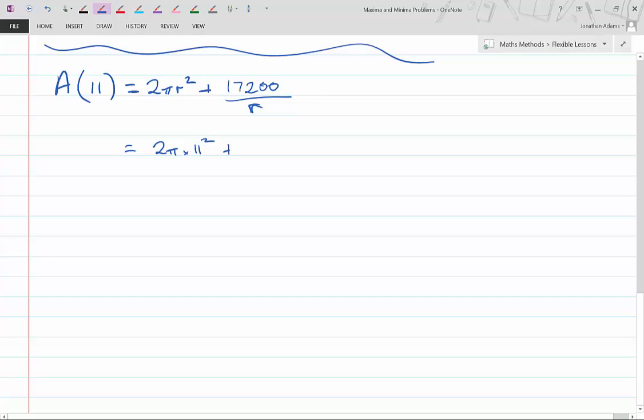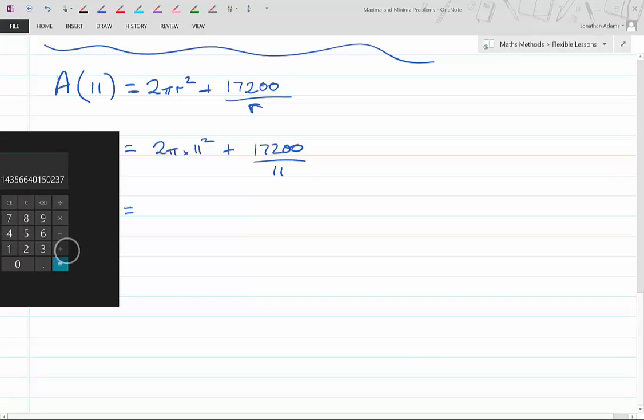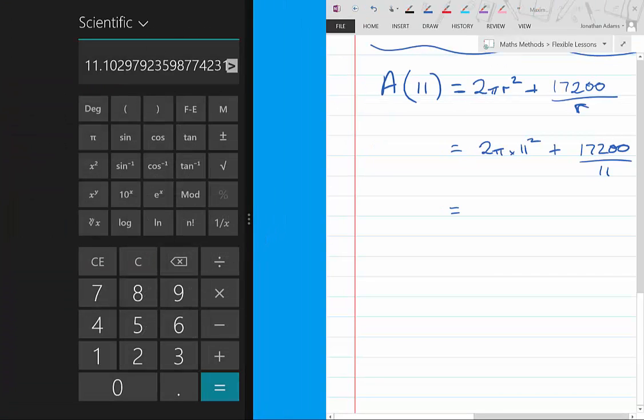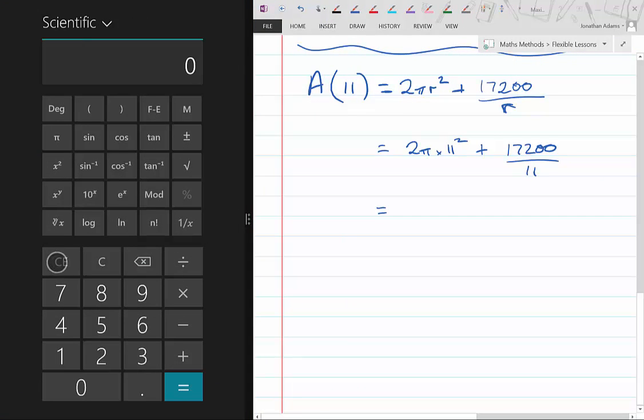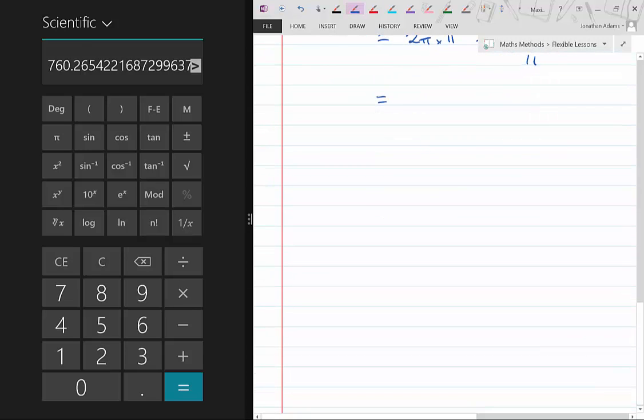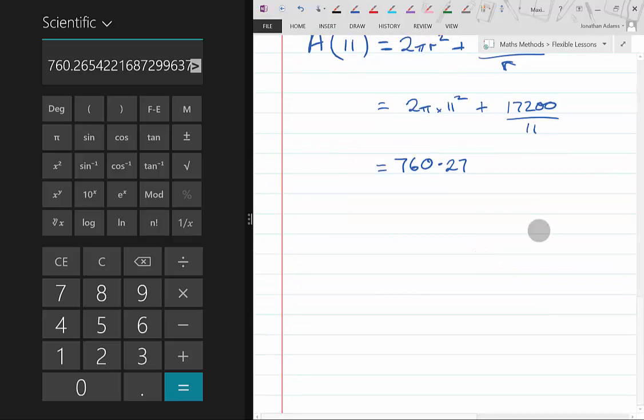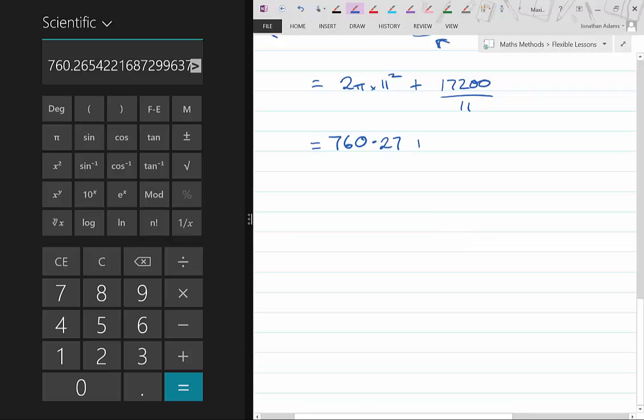This is just a matter of churning it out on my calculator, but we have done all the hard work. Your calculator is a bit more advanced than this one, so you might find this easier. I'm going to do it in two parts. So 760.27, I'm taking a couple of decimals just to eliminate any potential rounding error.